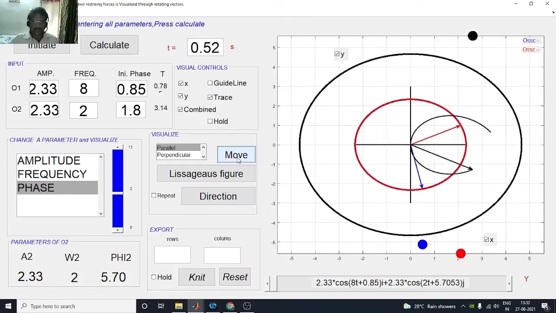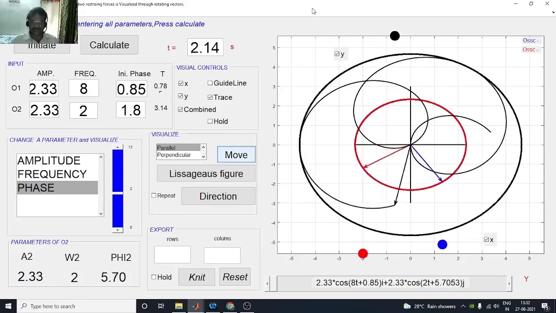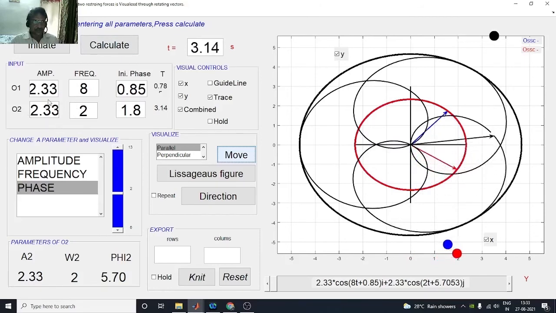So in this simulation I have shown how the rotating vectors concept can be used to describe the superposition of harmonic motions. When the frequencies are equal, we have seen the length of the arrow remains same, meaning that the combined motion would occur with the same frequency as the individual vibrations, the initial phase and the amplitude depend on the initial phases and amplitudes of the two vibrations in this case.